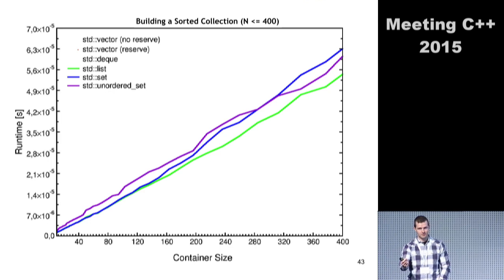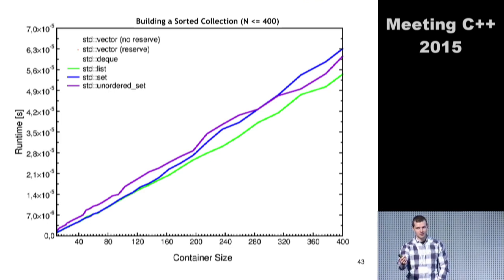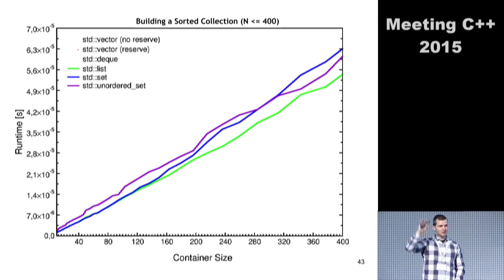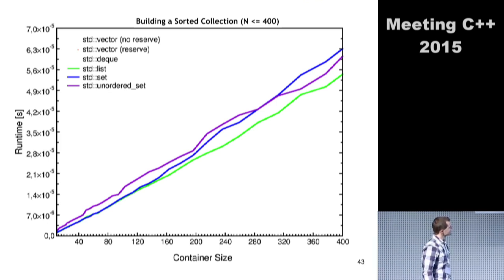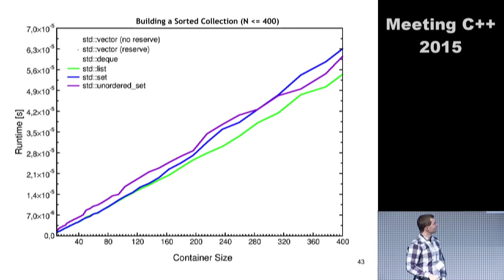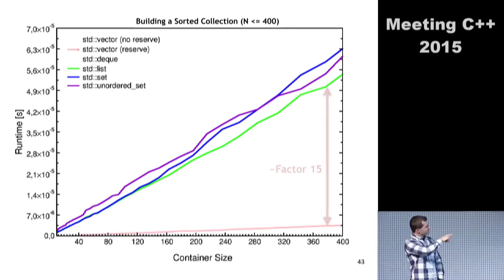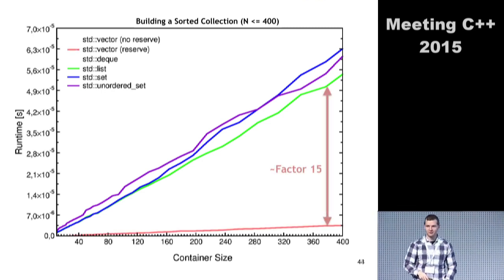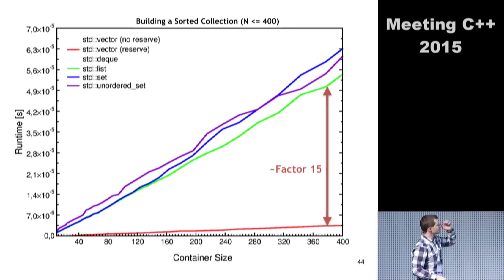Okay? Is it faster? Okay, virtually everyone thinks it's about the same performance yet again. Okay, so vector is down there. This is a factor of 15 in comparison to the list.